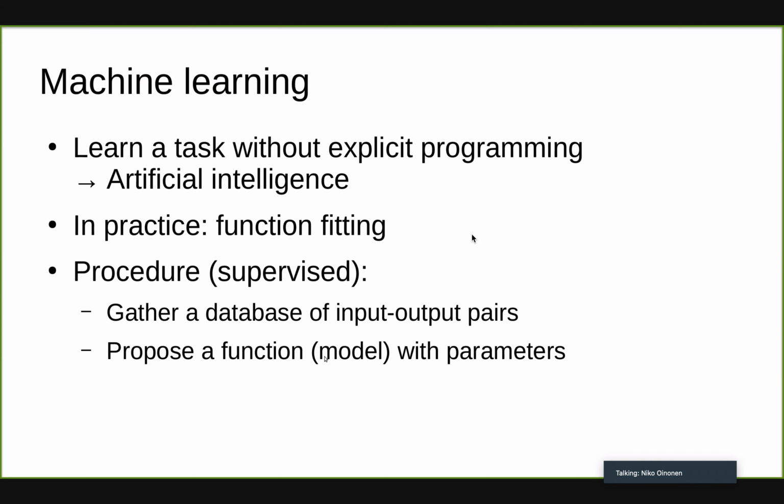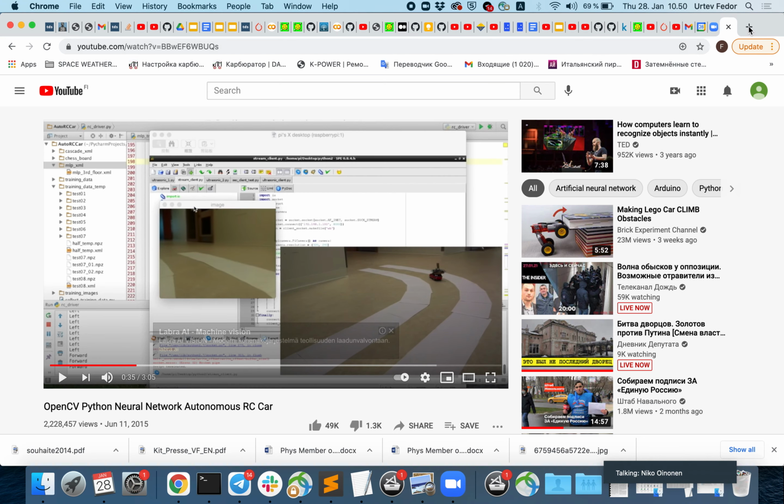Then you propose some kind of function or model which takes in these inputs, these images, for example, and then outputs some answer. And importantly, this model function should have some parameters that you can tune.